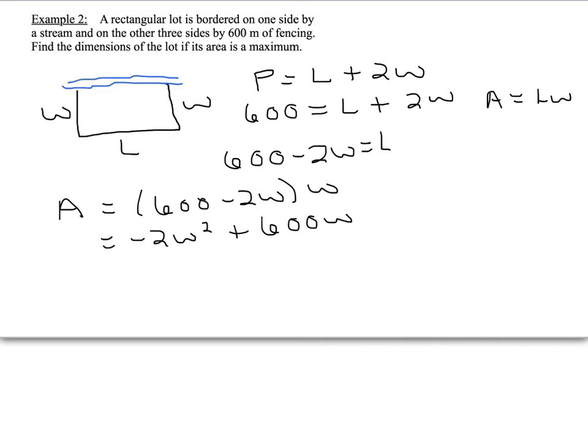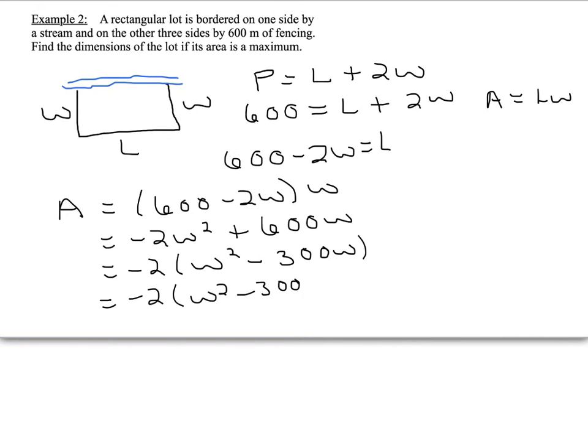We're going to complete the square to find our maximum. So we're going to factor out that negative 2. Create the perfect square trinomial. So we want to take the 300 divided by 2, we get 150. We want to square that. Add and subtract that value inside the bracket.